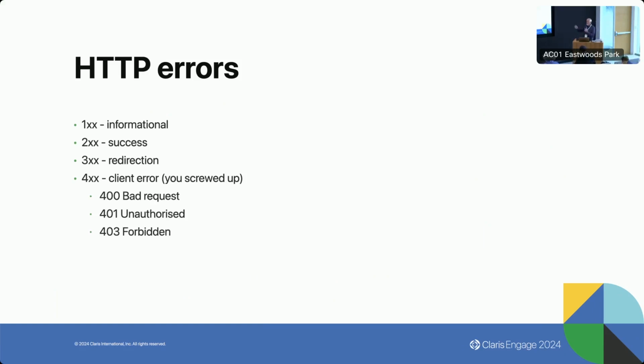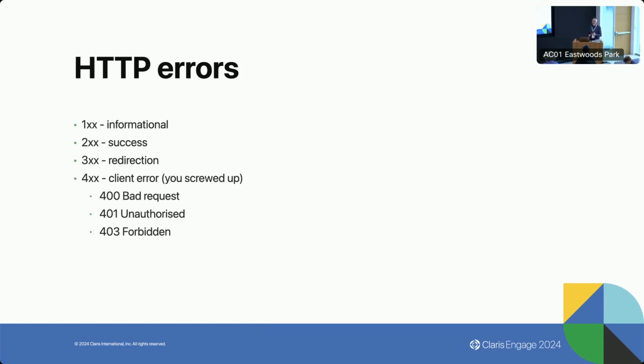Interestingly, unauthorized probably really means unauthenticated, but it's called unauthorized. Unauthenticated means I don't know who you are. You need to tell me who you are so that I can determine whether you're allowed to access this endpoint. 403 really means unauthorized, because it means I know who you are, but I ain't letting you in.